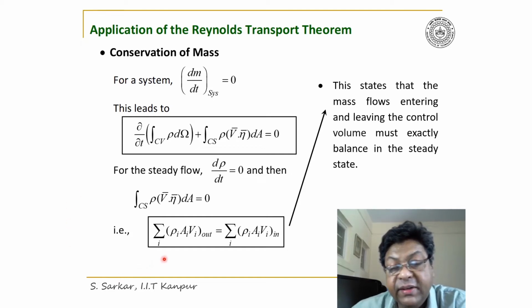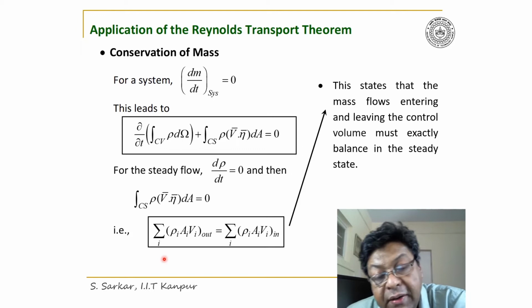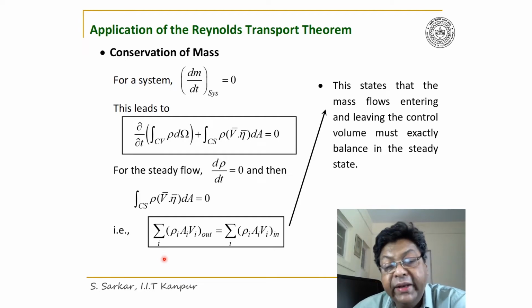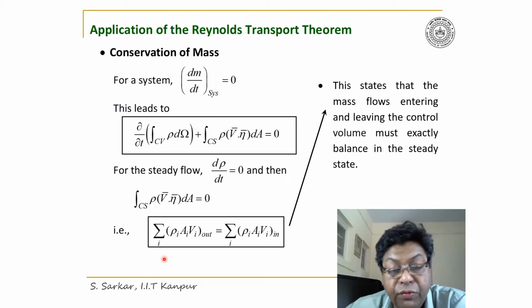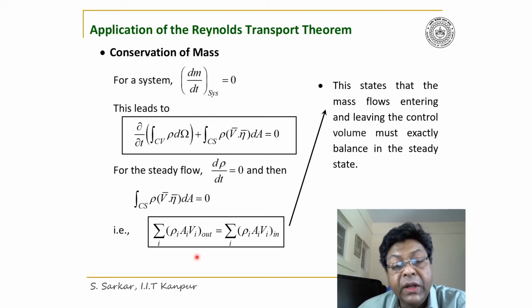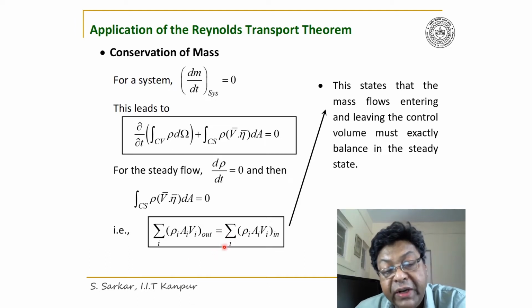If I consider a number of discrete areas through which the mass enters the control volume and also leaves the control volume, then I can write sigma of rho_i A_i V_i out is equal to sigma of rho_i A_i V_i in.